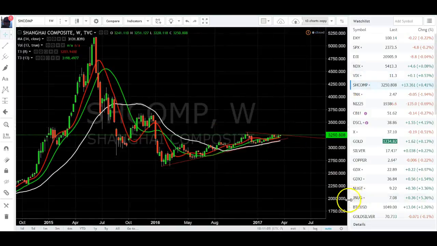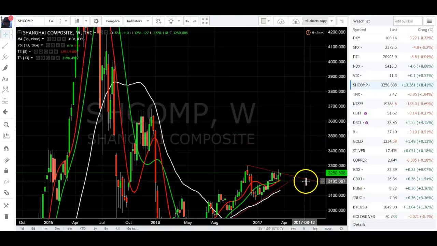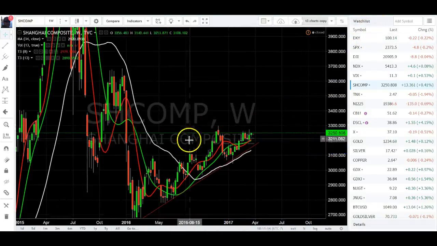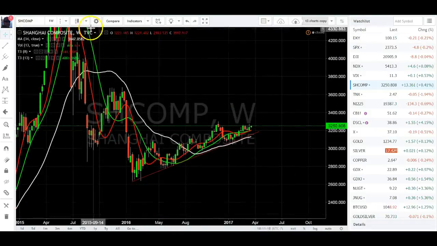So let's do Shanghai Exchange. Looks like it's trying to break that top pattern there, or the top trend line. Look for previous high breaks. Take a ride. It's the weekly.